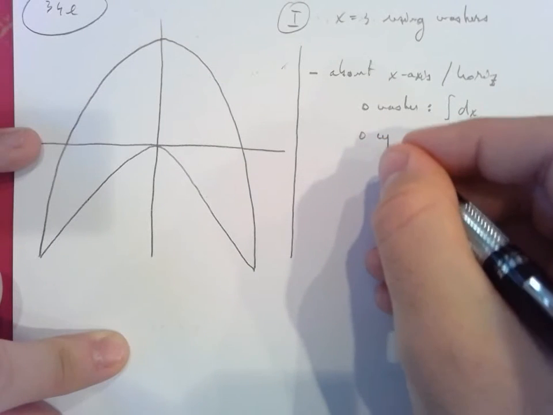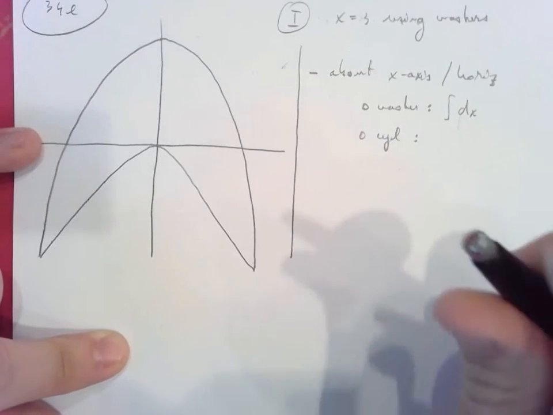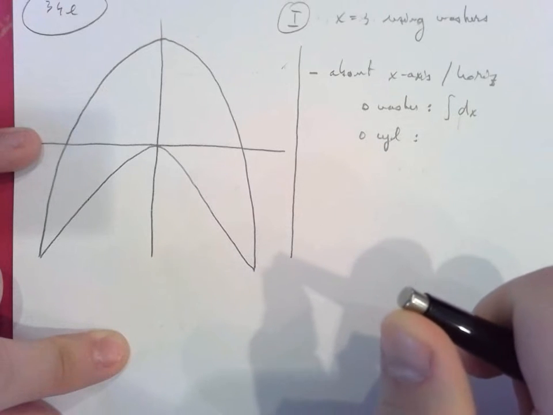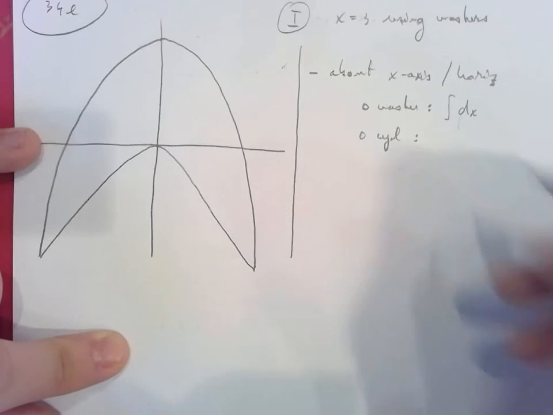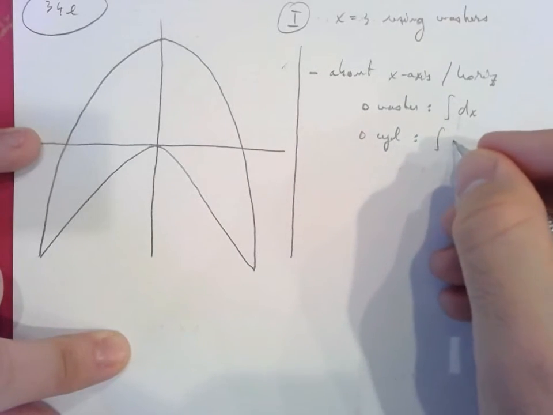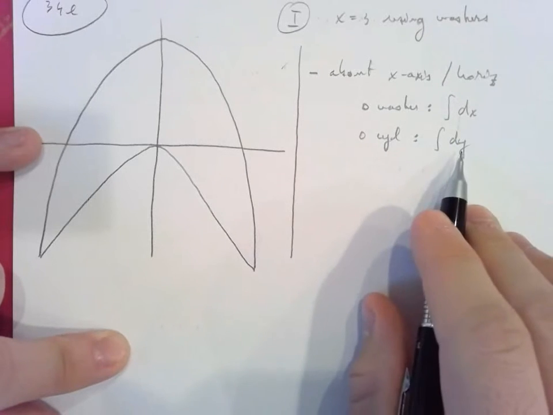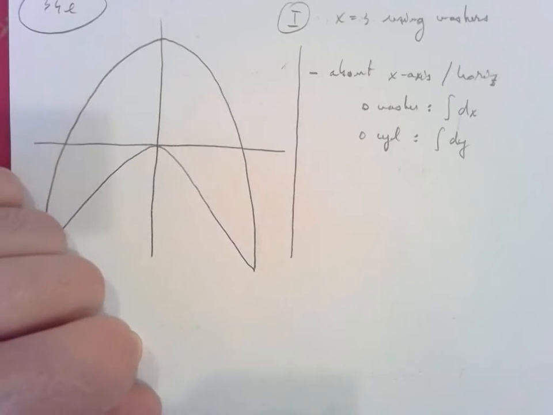But if I use the cylindrical shell method, the thickness, the integral is going to be with respect to y. So it's going to be with respect to the other thing.